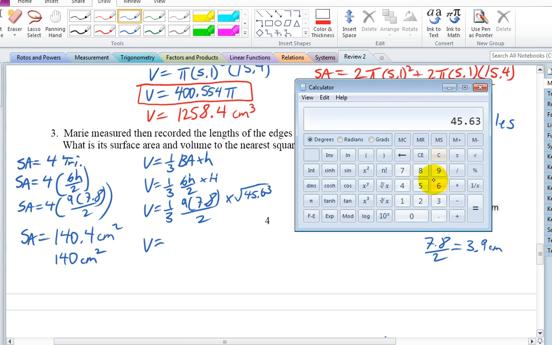So 9 times 7.8 divided by 2, that's wrong, right?